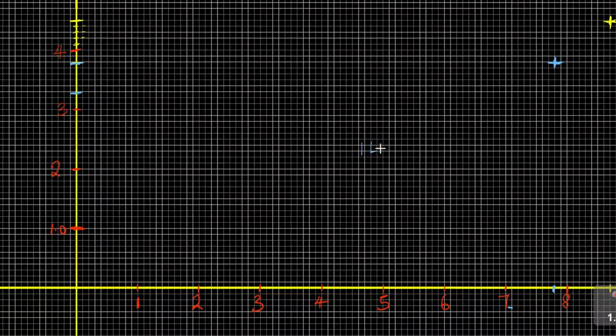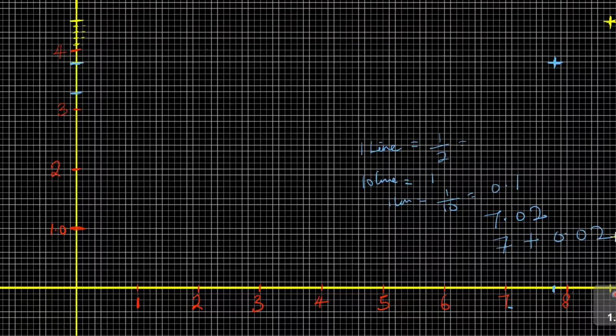Not one line, 10 lines is giving me 1 unit. That means one line is giving me 1/10, which is 0.1. Okay, but when you're having 7.02, it means you're having 7 plus 0.02.